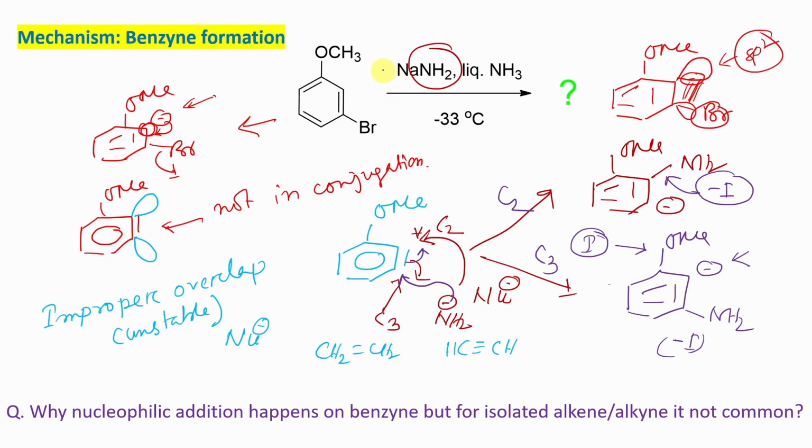And by the way, I should have mentioned one thing, that the second step is, student, actually workup, because if you do such a strong base mediated reaction, workup is essential. After workup, this negative charge will be quenched to finally produce this. So here a 1,3 substituted or meta substituted derivative will be produced.